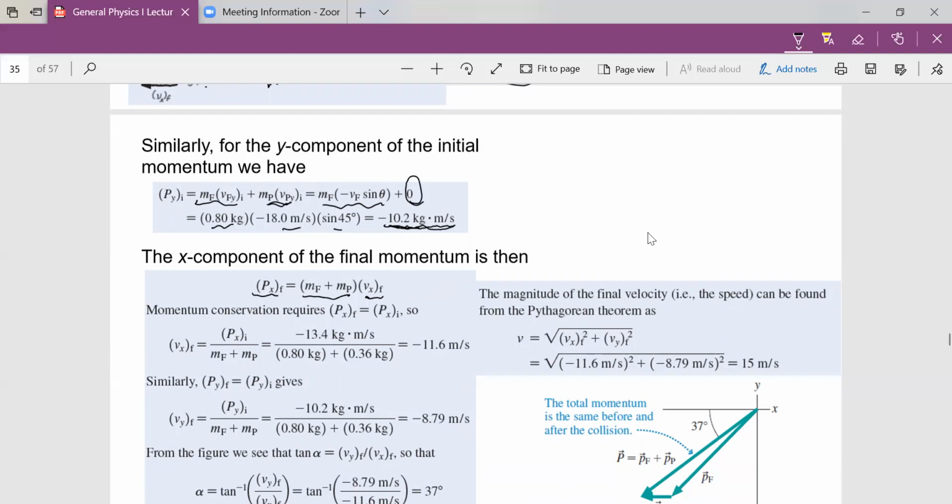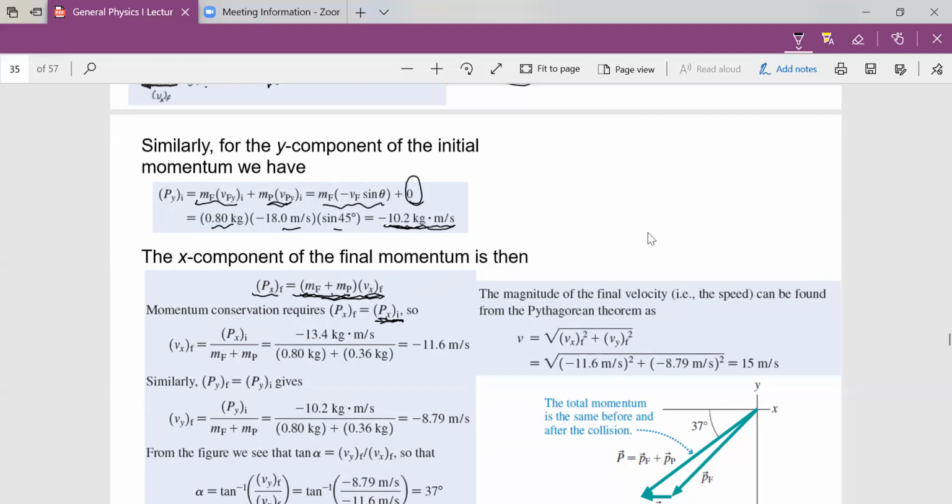So if P final is equal to P initial for the X component, and we've already seen that P final in the X component is this, we can equate this to this. So we'll have MF plus MP times Vx final equal to Px initial.